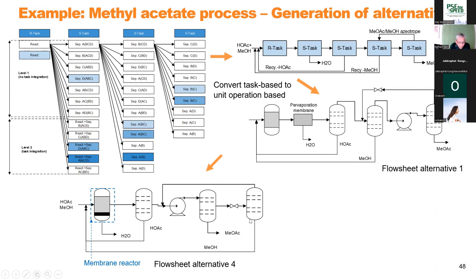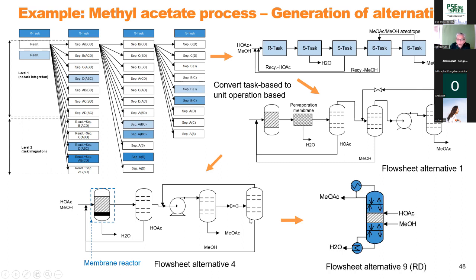And then these three together, we can make it in a reactive distillation by putting this one below and these two above. And the methanol is recycled back to the column, and the acetic acid is recycled back. So we have the methyl acetate product and the water product. So just by simple analysis, we can see that starting with a complex flow sheet, we make it a simpler flow sheet, and we get the reactive distillation.